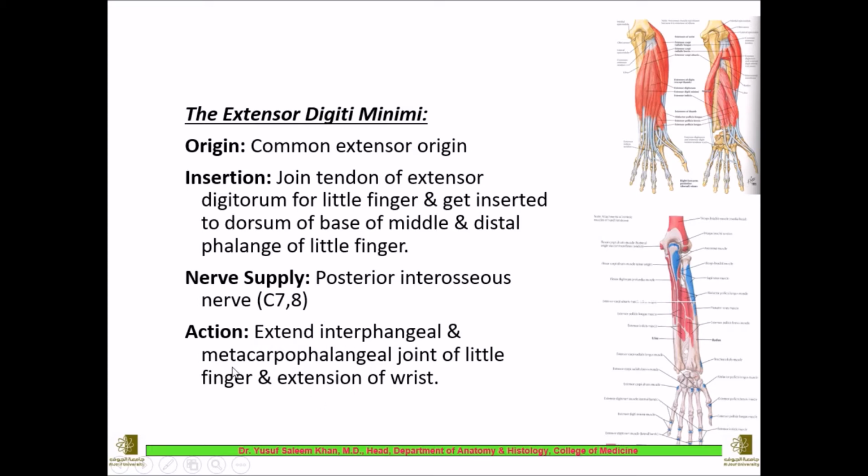It also has some action on the wrist joint; it is a weak extensor of the wrist joint. Okay, so this is about the extensor digiti minimi and why it is called so.